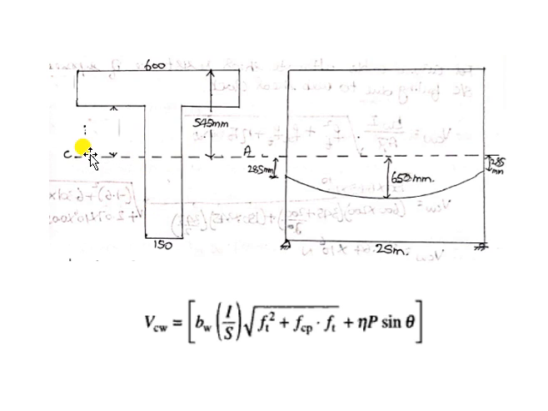Here it is required to calculate the shear resistance with respect to the centroidal axis. Hence I will consider the area which is above the centroidal axis. I am going to consider this portion of the web and this flange. So I should calculate A into Y bar for this flange and this web.